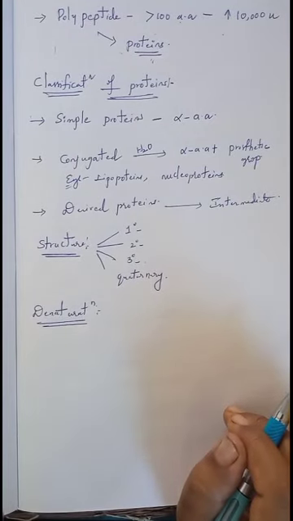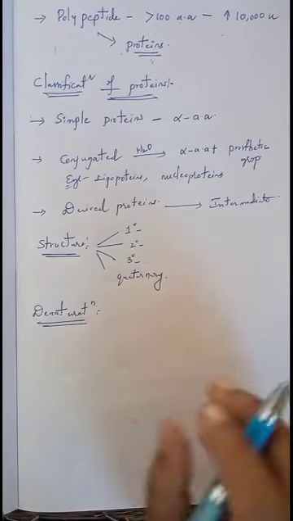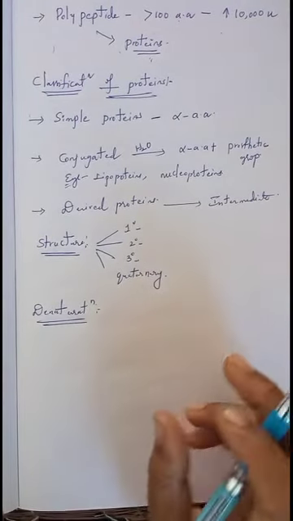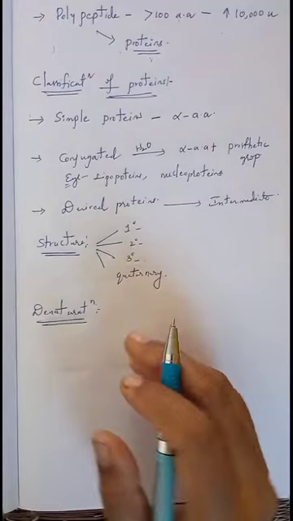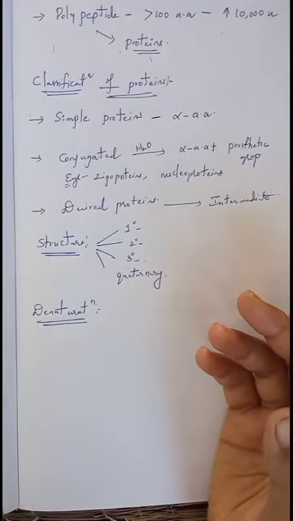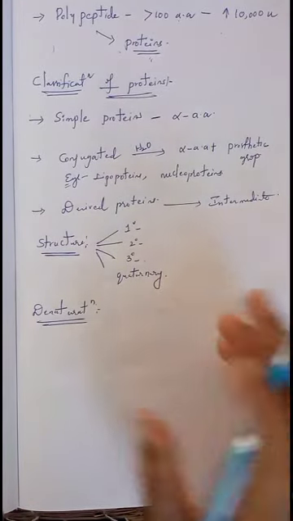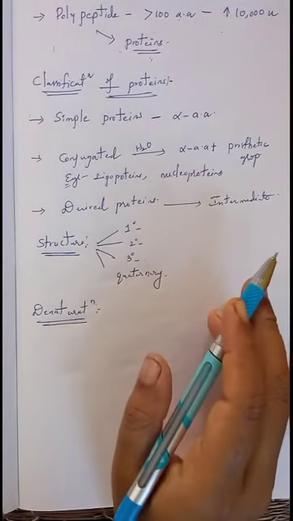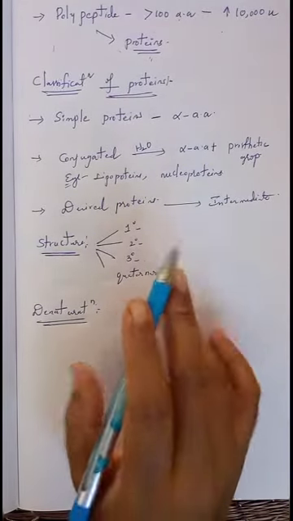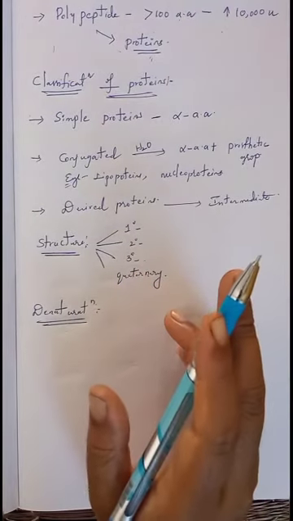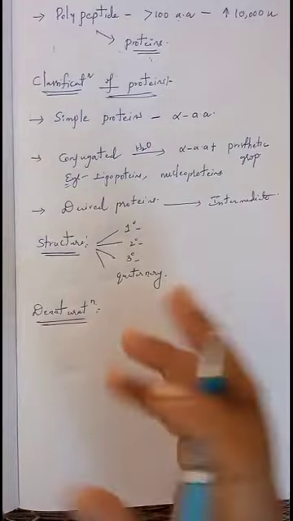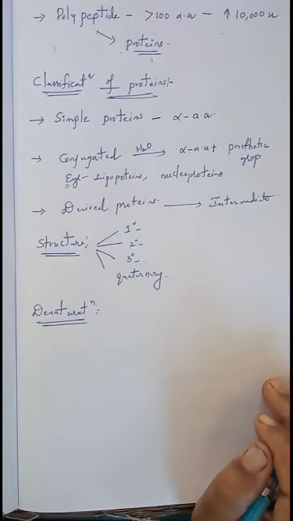When a protein in a native form undergoes some physical change, like a change in temperature, or some chemical change in the pH level, then the hydrogen bonds are disturbed. Whenever such hydrogen bonds are disturbed, the protein loses its biological activity and that process is called the denaturation process.